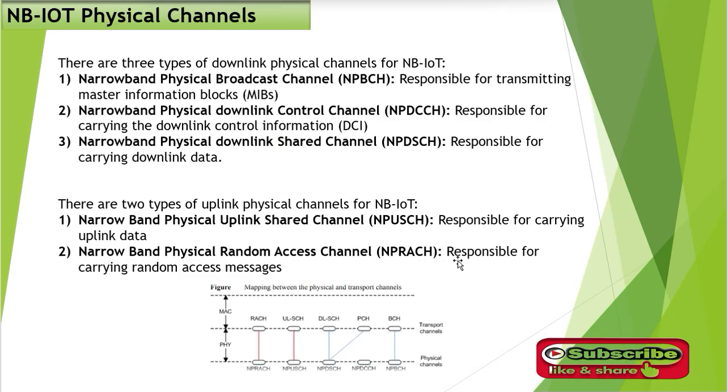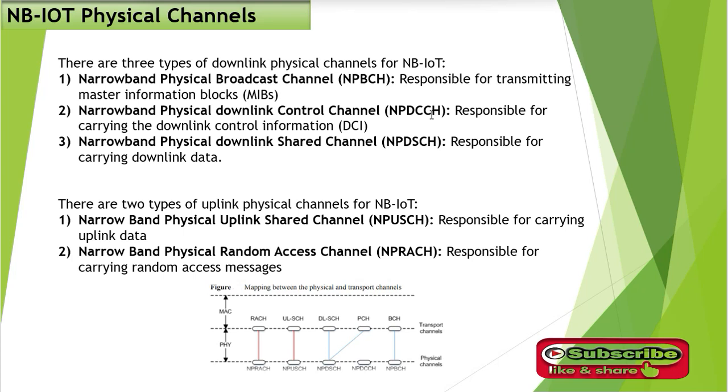Okay, now next is some channels, NB-IoT physical channels. There are three types of downlink physical channels for NB-IoT. First one is the narrowband physical broadcast channel, NPBCH. N means narrowband, PBCH physical broadcast channel, which is responsible for transmitting the master information block. NPDCCH means narrowband physical downlink control channel, which is responsible for carrying the downlink control information, which is DCI.